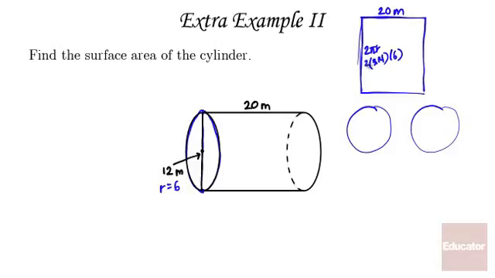To find this, let's multiply these two first. So 2 times 6 is 12. 12 times 3.14. So 3.14 times 12. This is 8, 2, 6.